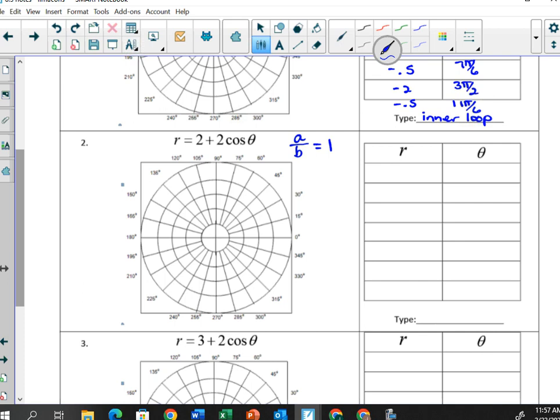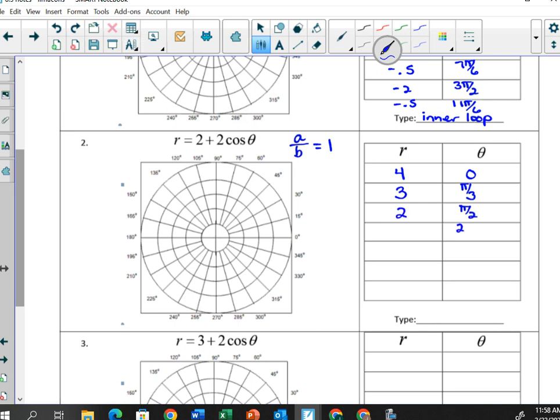Okay, let's plot points. This one's cosine instead of sine. So again, I'll start with 0. What do I get? 4. 2 plus 2, 4. Okay. Do I want to pick pi over 6? No, I will pick pi over 3. 3. Pi over 2.